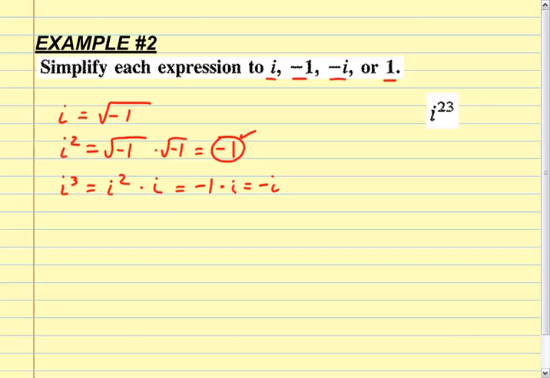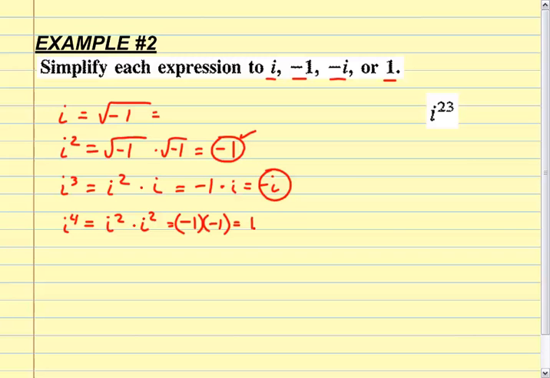Okay. All right. i to the 4th. Well, that's i squared times i squared, which is negative 1 times negative 1, and that gives us positive 1. Okay, so i to the 4th is positive 1.